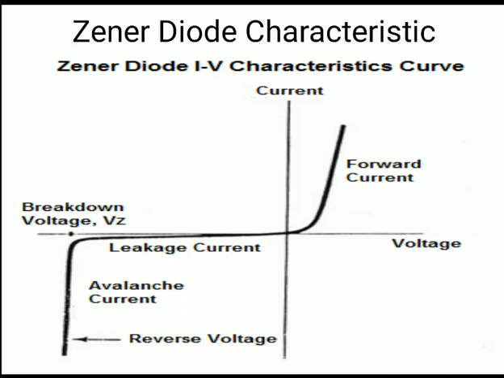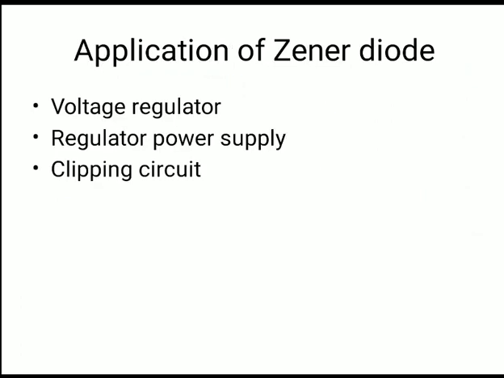That breakdown is known as the Zener breakdown, and that property is used in the voltage regulator. In the voltage regulator, we always use a Zener diode in reverse bias. Applications of a Zener diode: voltage regulator, regulated power supply, clipping circuit. All these are applications of a Zener diode.